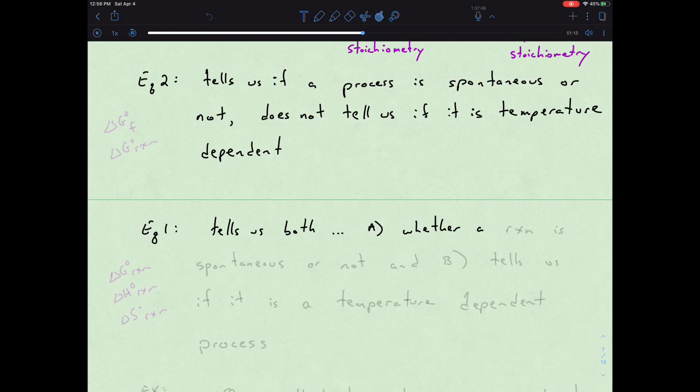Meaning that it tells us whether a reaction is spontaneous or not, and B, tells us if it is a temperature dependent process.